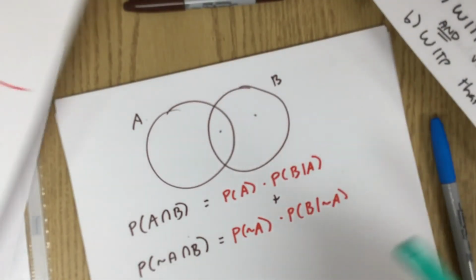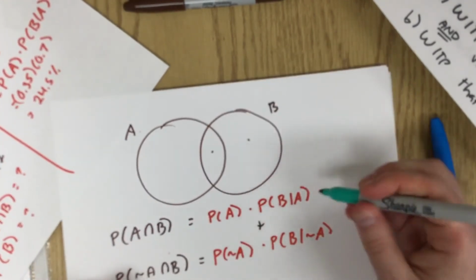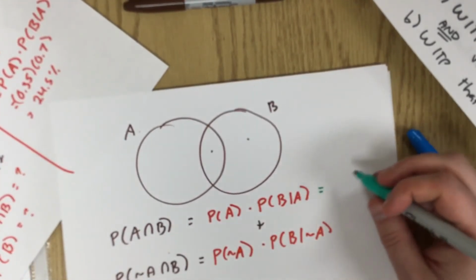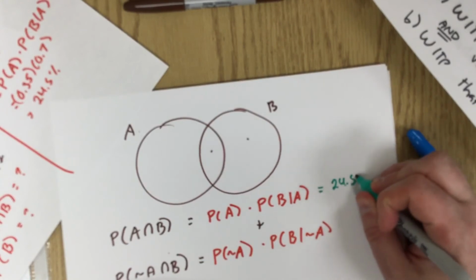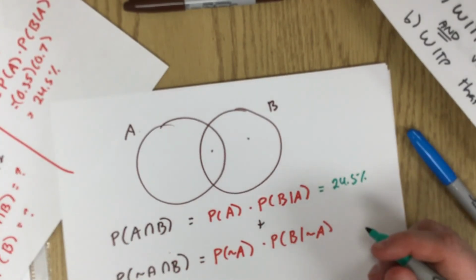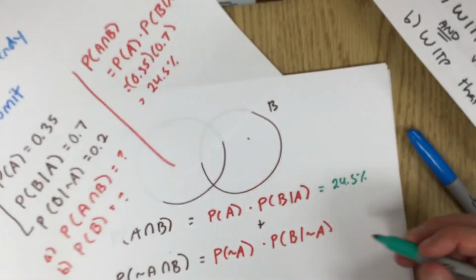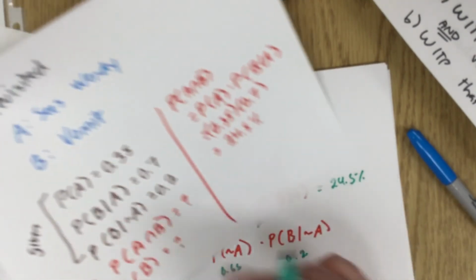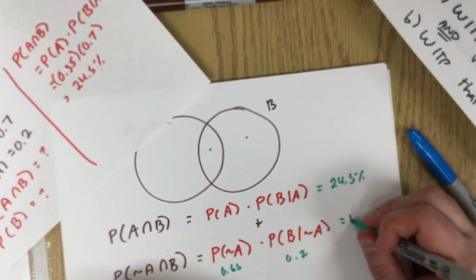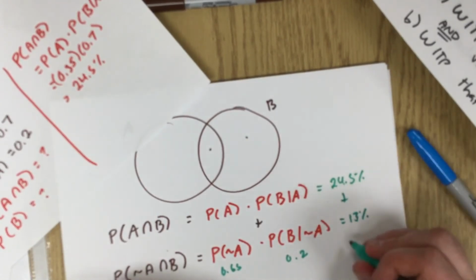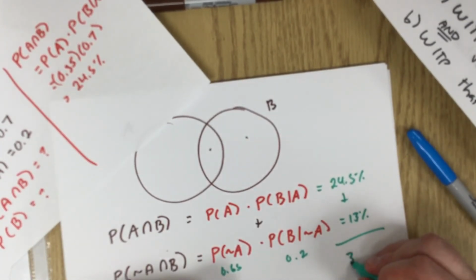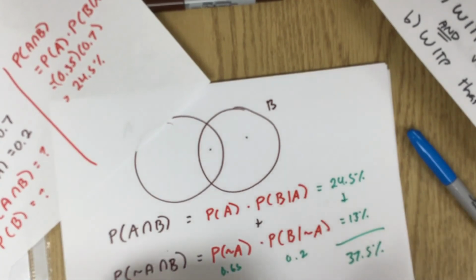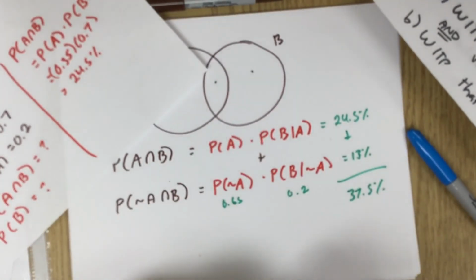This is our 24.5%. Not A was 65% times 0.2, which was 13%. And you add them together, and we get the same answer we got before, which was 37.5%.